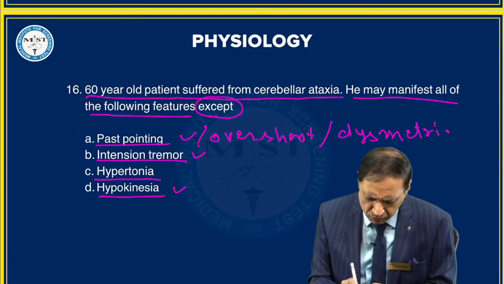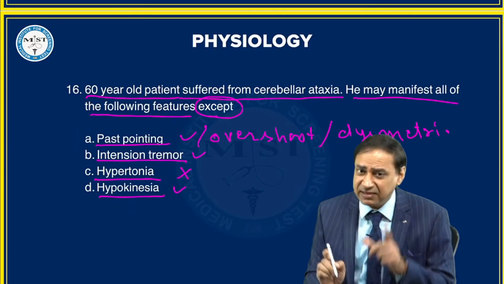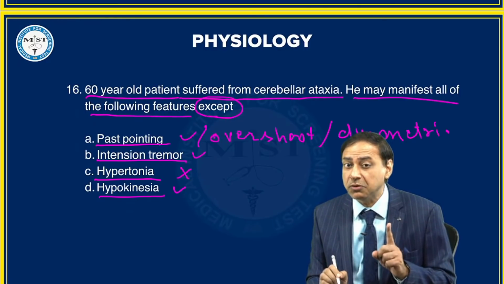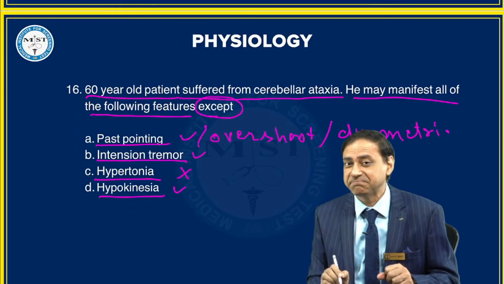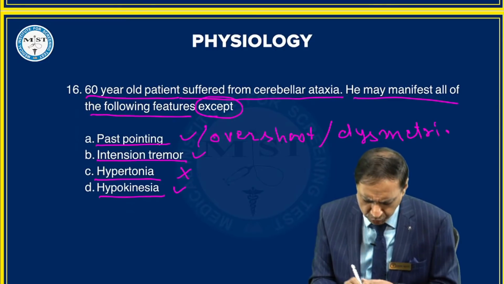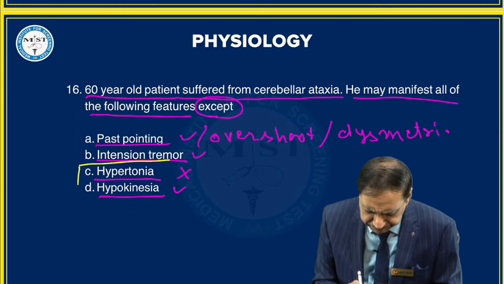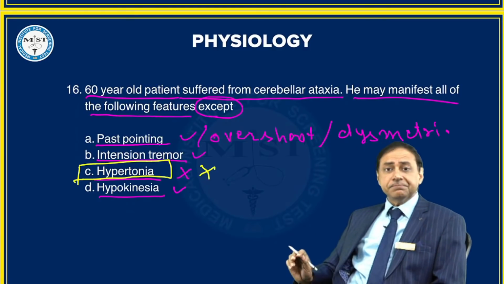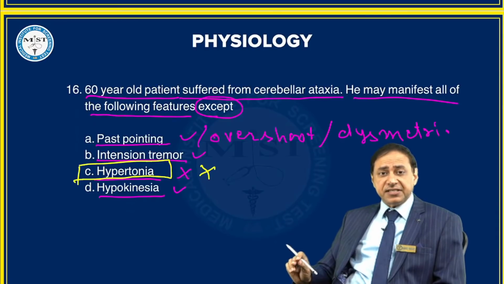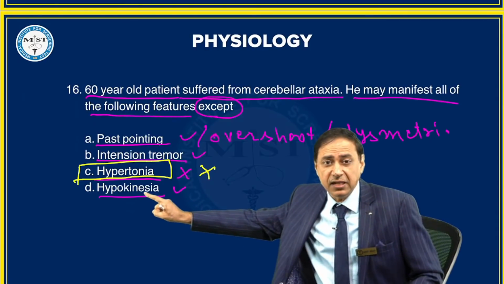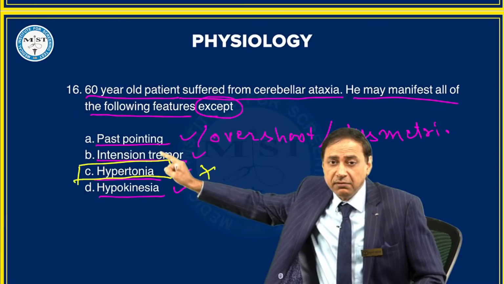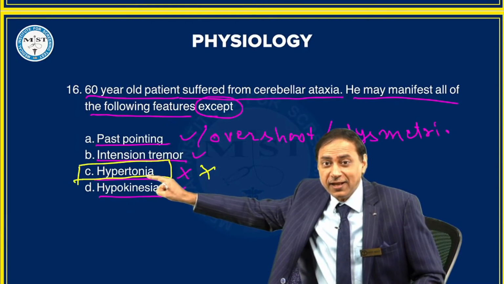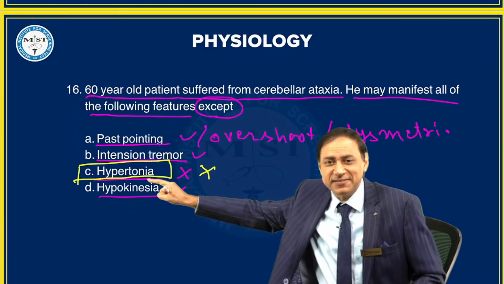Hypertonia, no, muscle tone is rather less. In cerebellar disease, muscle tone is less, so hypotonia is the characteristic. Hypertonia is not correct. Cerebellar disease is characterized by hypokinesia, past pointing, intention tremors, and hypotonia; muscle tone is less in cerebellar disease.